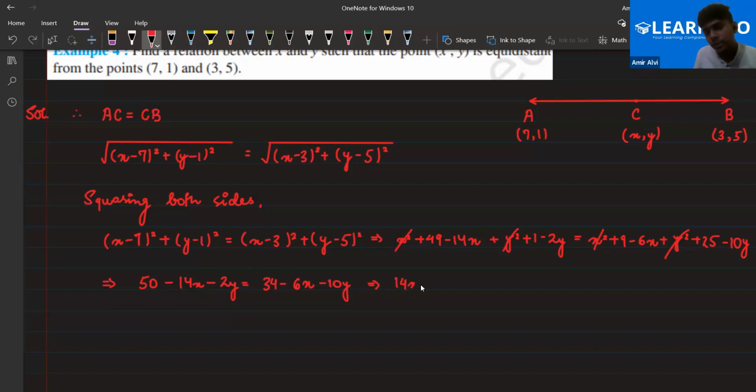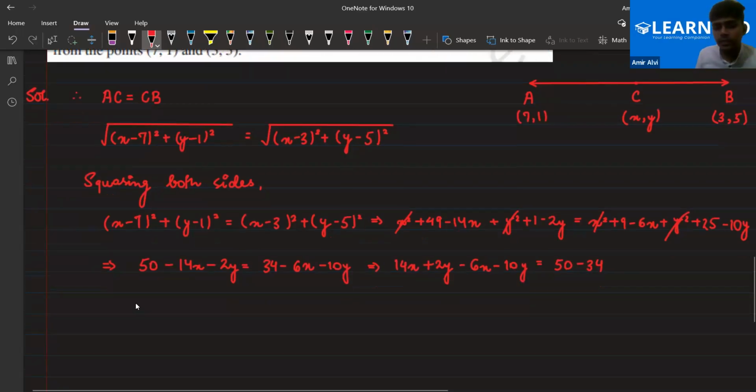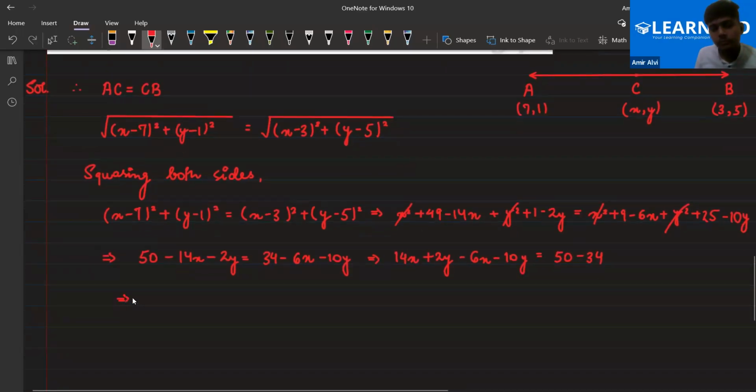So 14x will become positive, 2y will become positive, and minus 6x will remain on the left hand side, so the value will not change. Minus 10y is equal to 50 minus 34. I have taken this to the right hand side so it becomes positive, and taken this one to the left hand side so it becomes negative. Yes or no? Yes, sir.